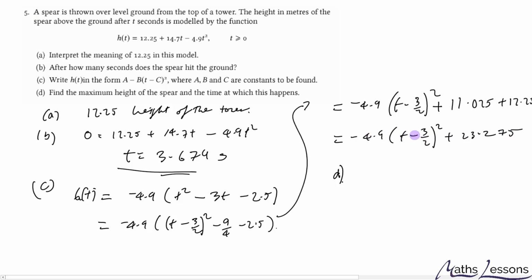So the minimum occurs when this is 0. So we take away 0 from 23.275. So the max height will equal 23.275. And the time at which it occurs is the one that makes it 0, so it's going to be 3/2 seconds.